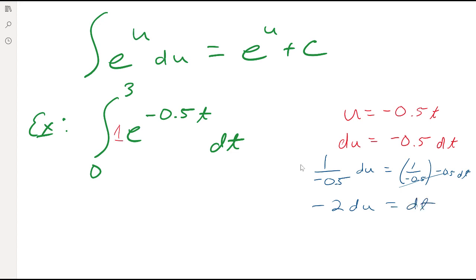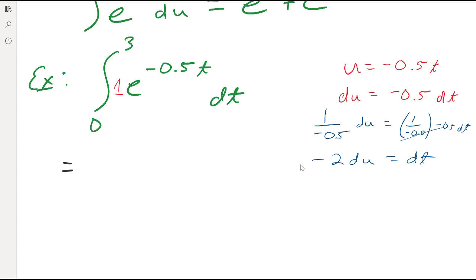So now let's perform our substitution. I'm going to drop my bounds for now. Go back to the definite integral video on substitution for the explanation on why you drop your bounds. But this will be e to the u, right? I replace negative 0.5 t with u, and the 1 dt subs out and becomes negative 2 du.